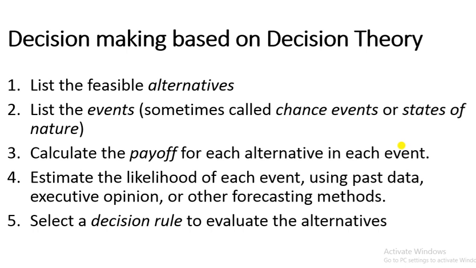And the last point he is talking about is you will select a decision rule to evaluate the alternatives. It means once you are considering which alternative would be the best for you, you have to make a decision based on a certain rule, and that rule could be choosing the alternative with the lowest expected cost.